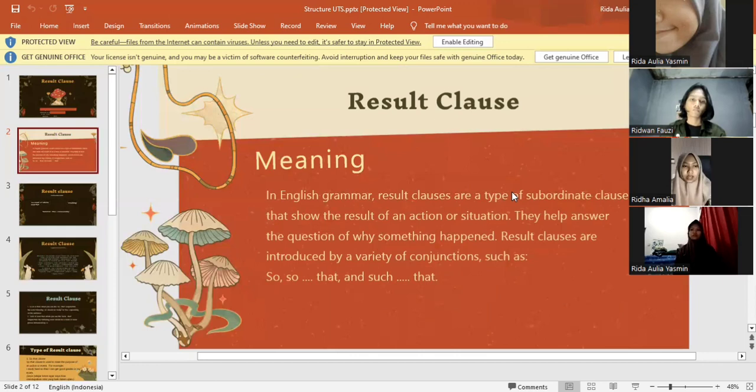These words and phrases tend to be considered formal and are used in formal writing much more commonly than in speech. However, it's still important for children to learn and be aware of them. When used in a sentence, they follow the same pattern as the previous result clauses.